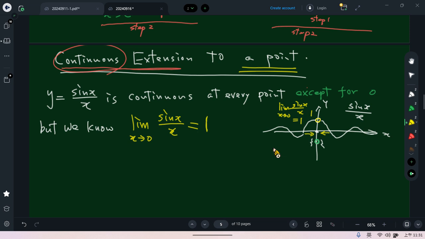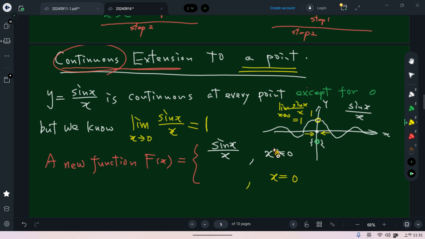So right now we define a new function: if x is not equal to 0, we simply use the original one, sin x over x. But if x is 0, I specially define its function value as 1.